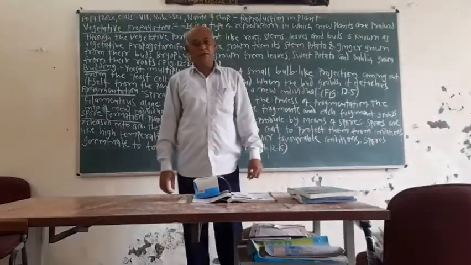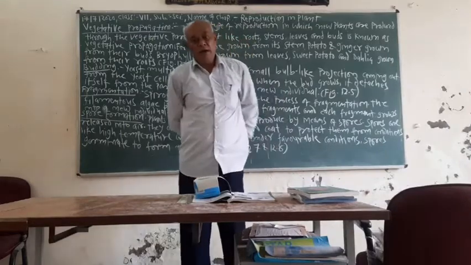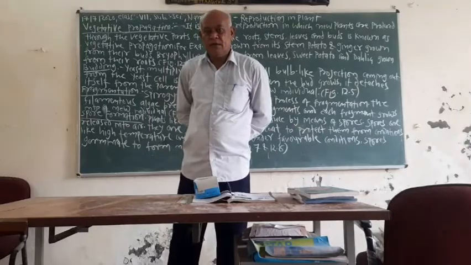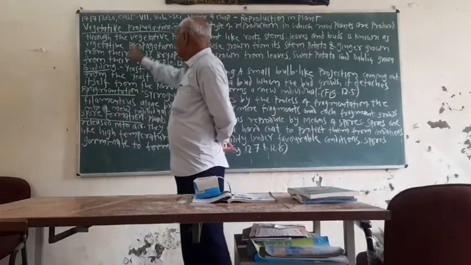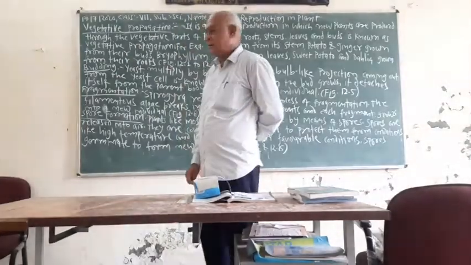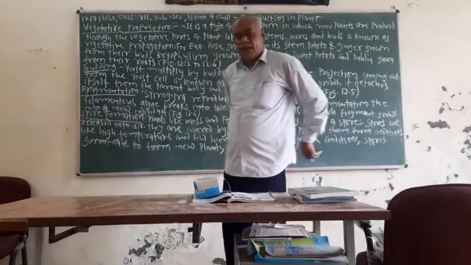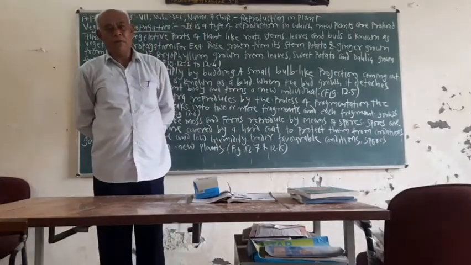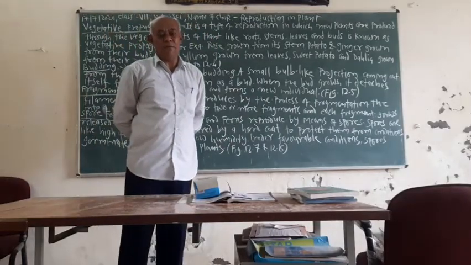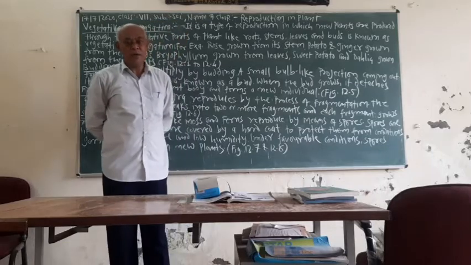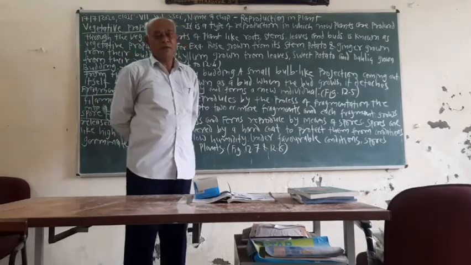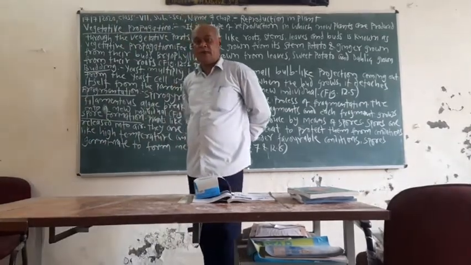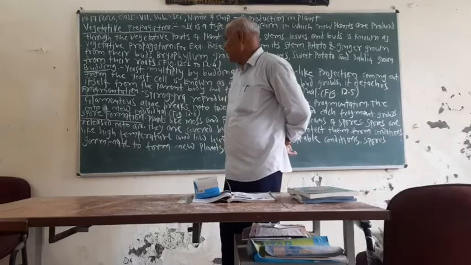In asexual reproduction, there are four types: vegetative propagation, in which new plants are obtained or grown from the vegetative parts of the plant, like roots, stems, leaves, buds, etc. The second type of asexual reproduction is budding.